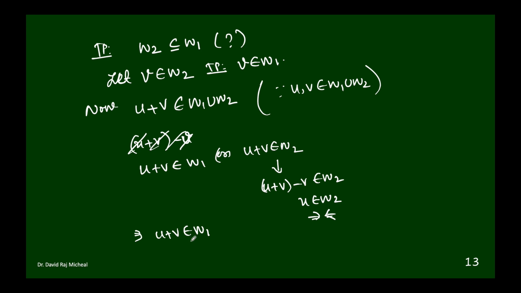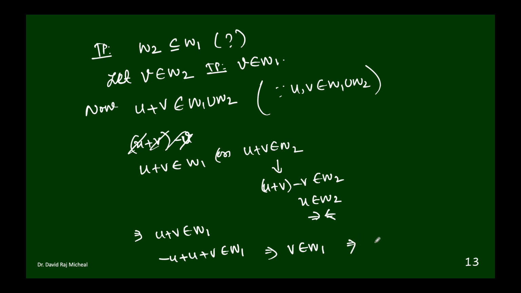When this happens, I can add the inverse of U, minus U, so minus U plus U plus V belongs to W1, because U belongs to W1, and hence minus U also belongs to W1 because W1 is a subspace. This further implies that V belongs to W1. So I started with V belonging to W2, and now I have proved that V belongs to W1.